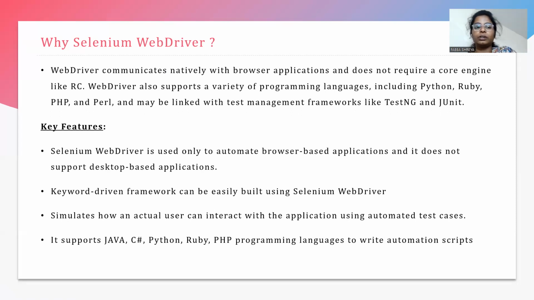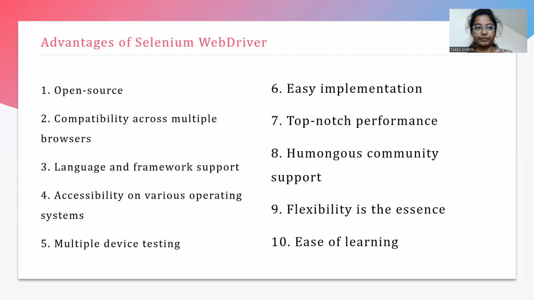The keyword-driven framework can be easily used. Selenium WebDriver simulates how an actual user can interact with the application using automated test cases. It supports Java, C#, Python, Ruby, and PHP programming languages to write automation scripts.